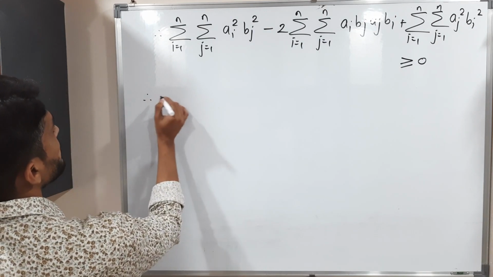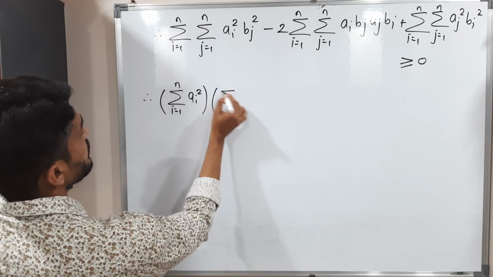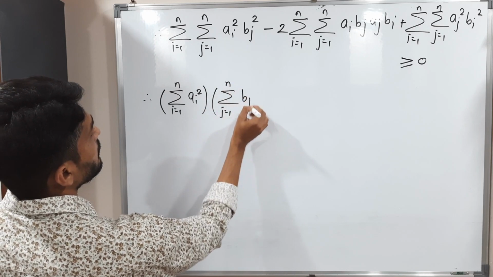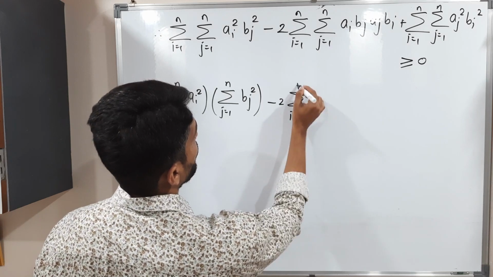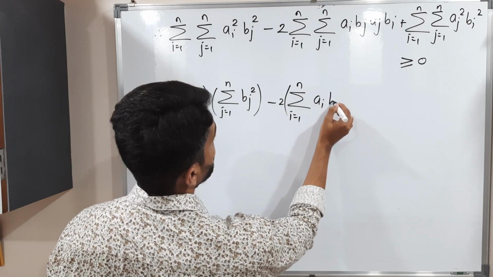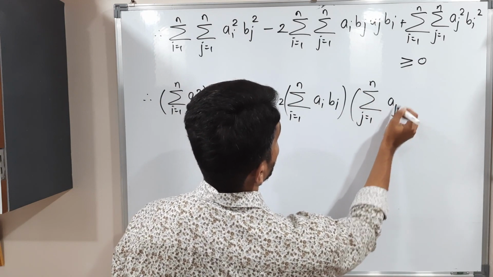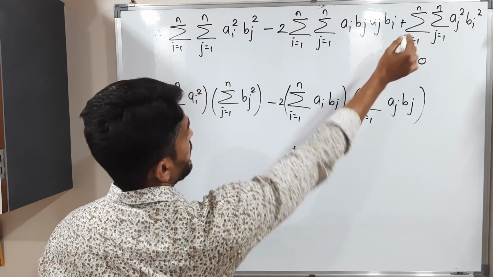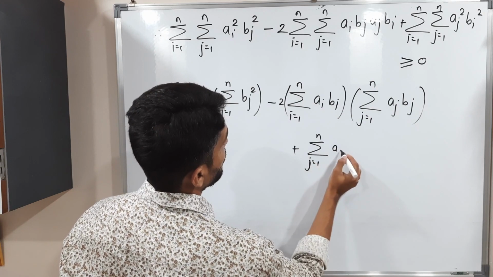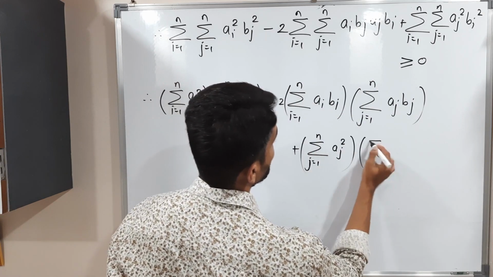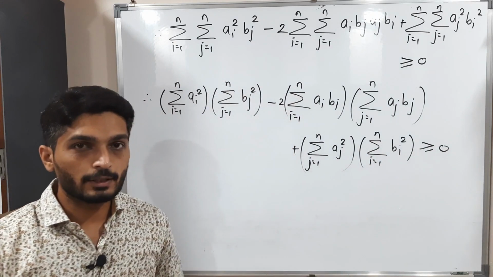So therefore we'll have it like this: summation i running from 1 to n, ai square, times summation j running from 1 to n, bj square, minus 2 times summation i running from 1 to n, ai bi, times summation j running from 1 to n, aj bj, plus summation j running from 1 to n, aj square, times summation i running from 1 to n, bi square, that is greater than or equal to 0. This thing we have got.